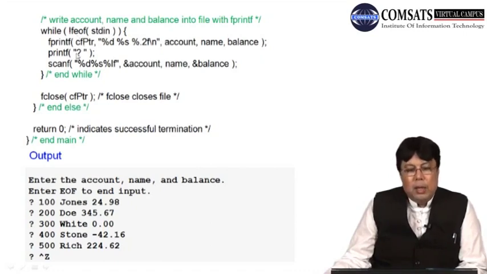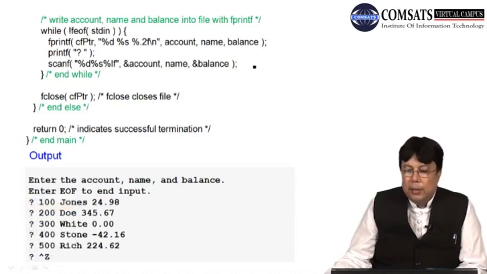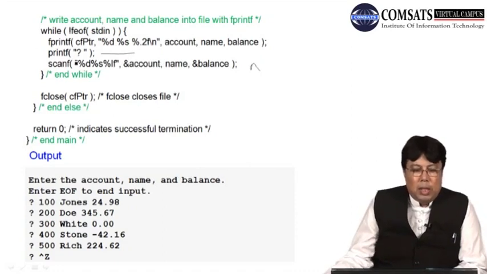So if you enter a Ctrl Z here, in response to this question mark, it will read a Ctrl Z and this while loop is terminated. Otherwise you can keep on entering the data.